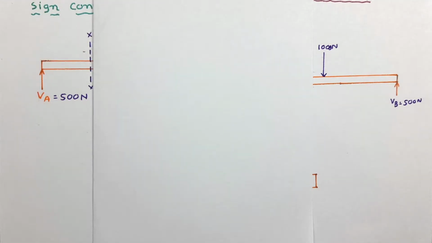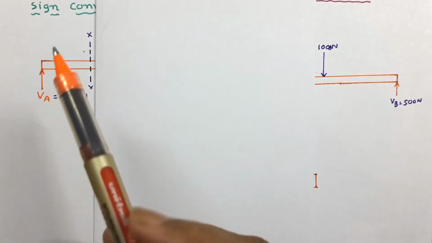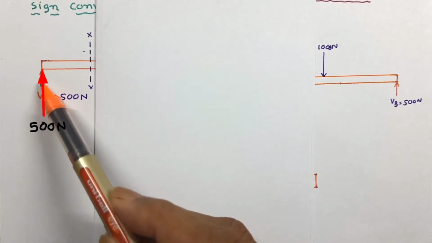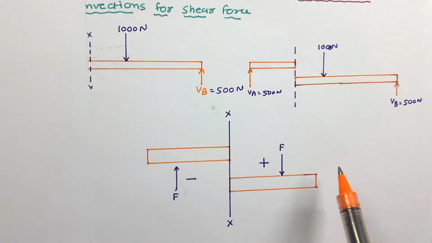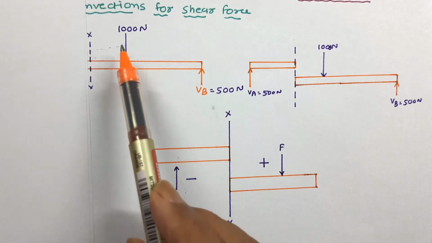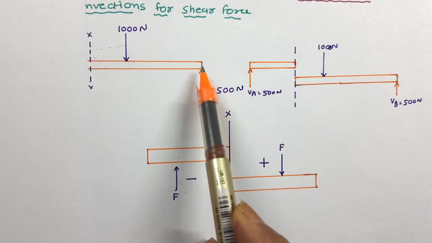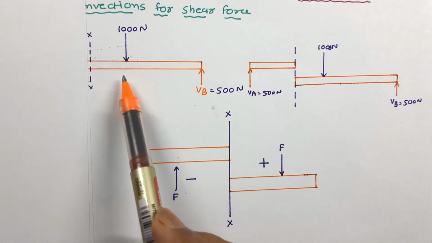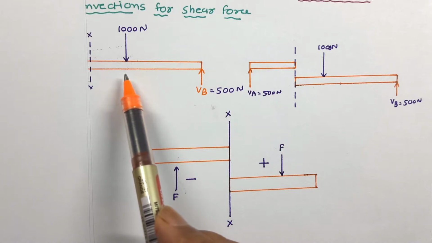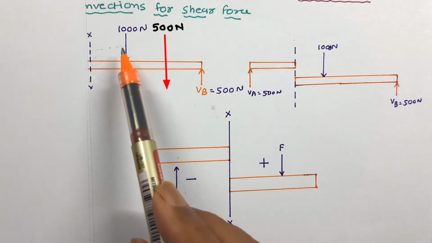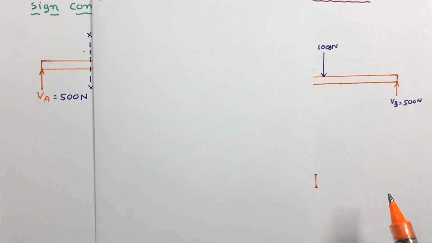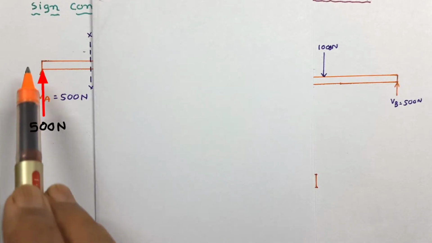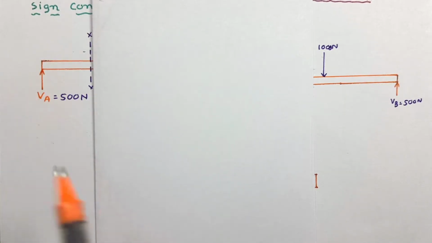If we consider the left side of this section, we can see an unbalanced force of 500 is acting on the left side of the beam, and on the right side, 1000 minus 500, so 500 Newton in downward direction is acting. So on the right hand side there is 500 Newton in downward direction, and on the left hand side 500 Newton is in upward direction.